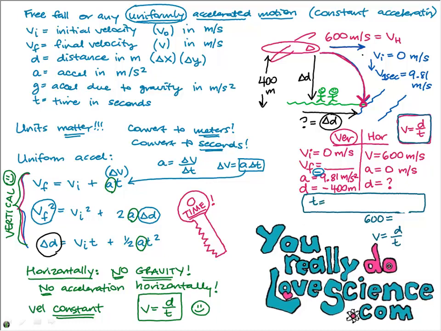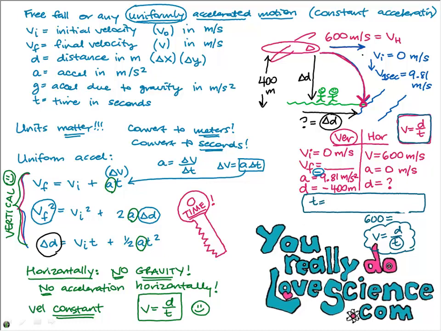It's going to be the same for vertical and horizontal. So if we could just find time, either horizontally or vertically, since they're the same, then bam, we could use this equation right here, and we could get our horizontal distance, which is what the teacher asked for, and we'd be done. Too bad, horizontally, we do not have enough information to get time.